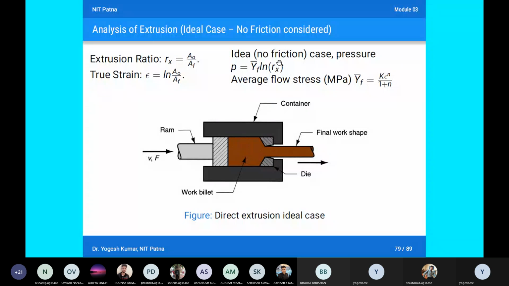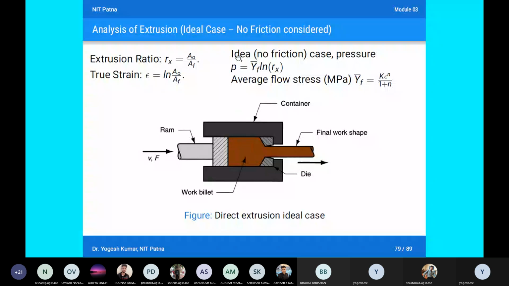Here Y bar F is your average flow stress, and it is given as K epsilon^n upon 1 plus n. We have discussed this multiple times in previous lectures also.